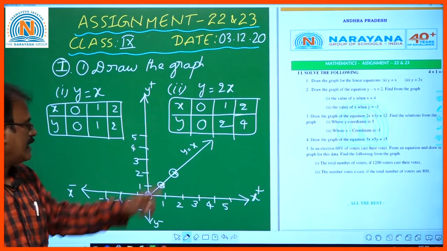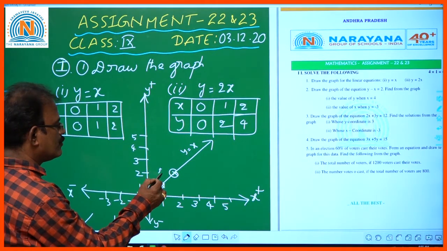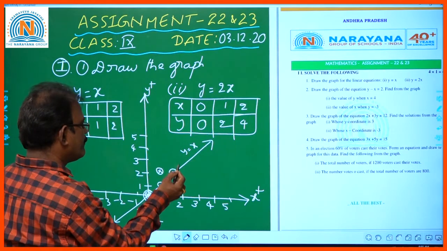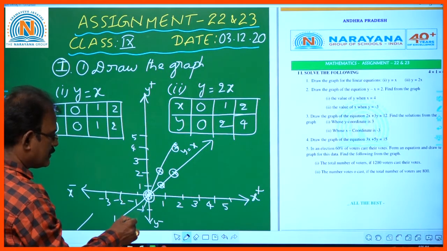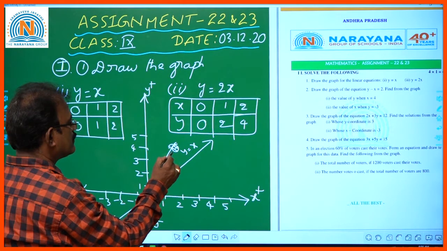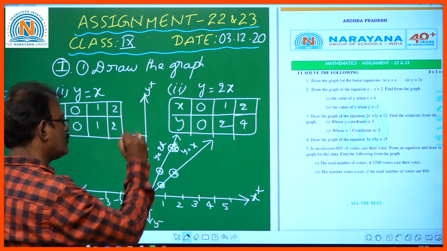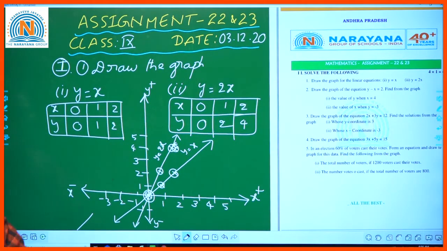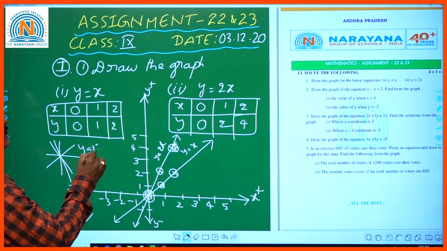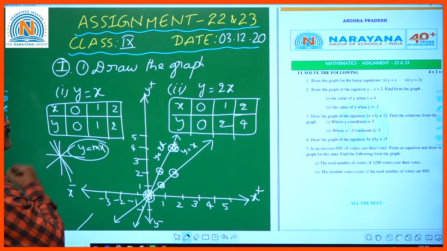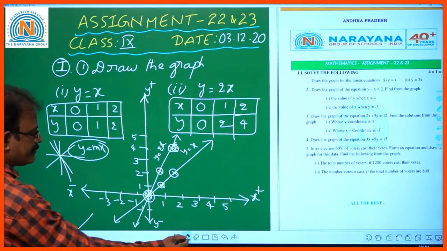Now again 0, 0, next 1 comma 2, and 2 and 4 here. Then if you draw the line, this is y is equal to 2x. See, all the lines are passing through the origin, since the line is in the form of y is equal to mx. So this is the explanation for the first question, children.